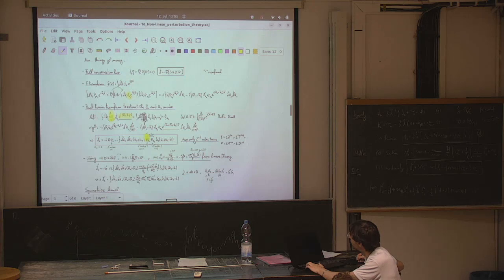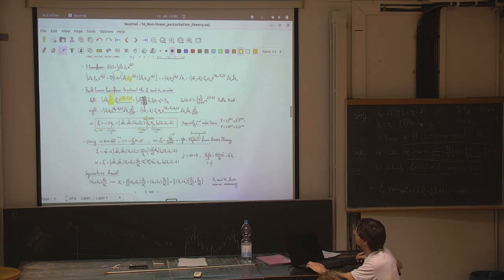Therefore, this must be first order and first order, such that the product of the two is at second order. That's key, because this means that we can use the first order solutions that we derived earlier to quantify the entire term here.